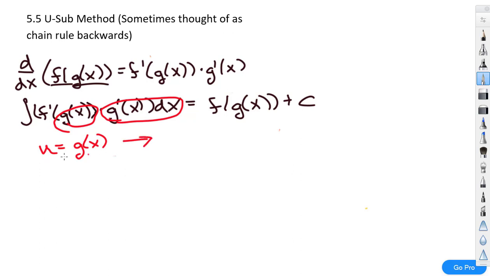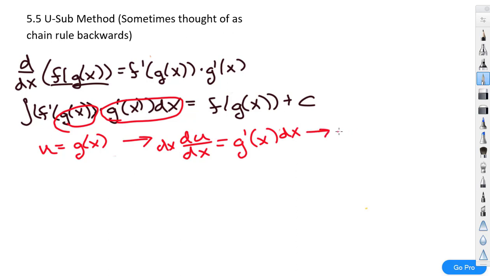So what we're going to do is take the derivative of both sides with respect to x. So the derivative of u with respect to x is du over dx. Well, the derivative of g is just g prime of x. Now, see this dx in the denominator? I'm going to multiply both sides by that dx.